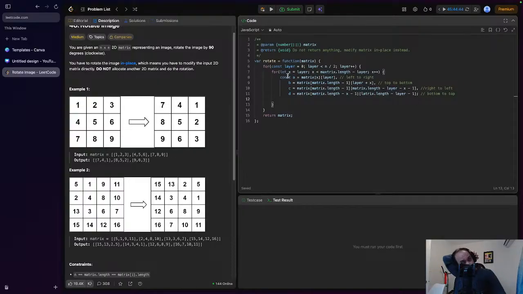And then now that we have all those cached, we can rotate them.